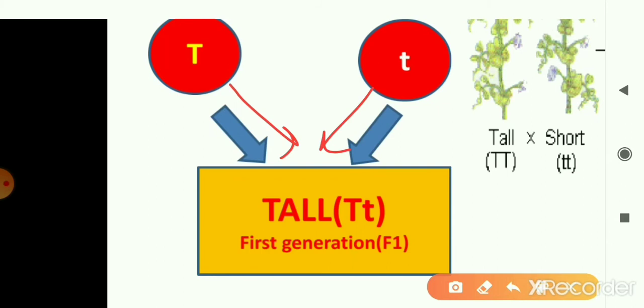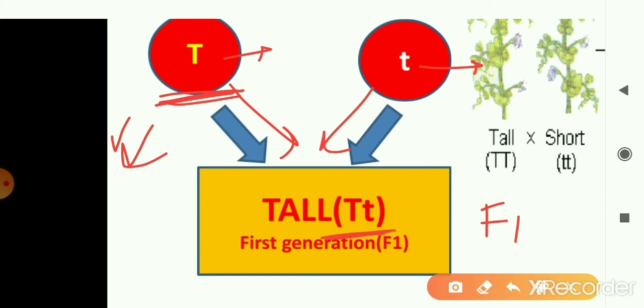Fertilization is random. Any gamete with any kind of combination can pair up with any other gamete. In this case, the male gamete carries a factor for tallness, and the factor for dwarfness is carried by the gamete produced by the other parent. When they pair up, the resultant F1 generation plant will have a factor for tallness and a factor for dwarfness.